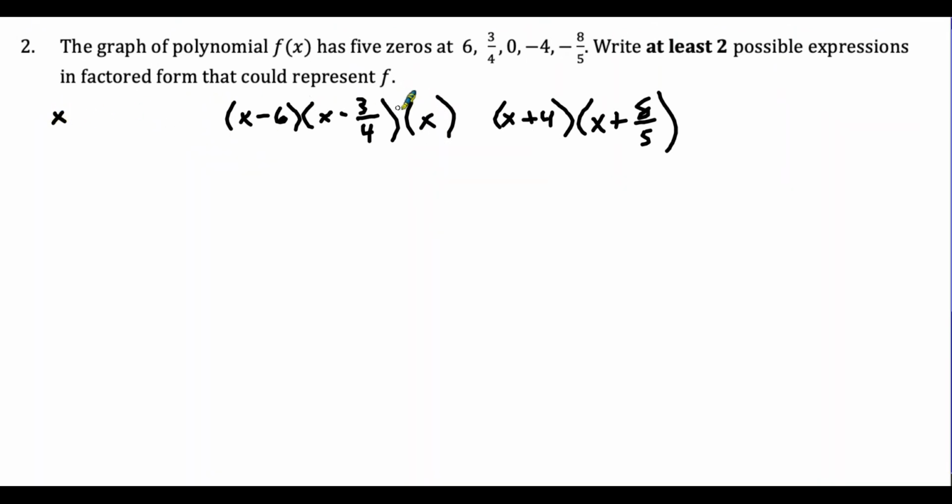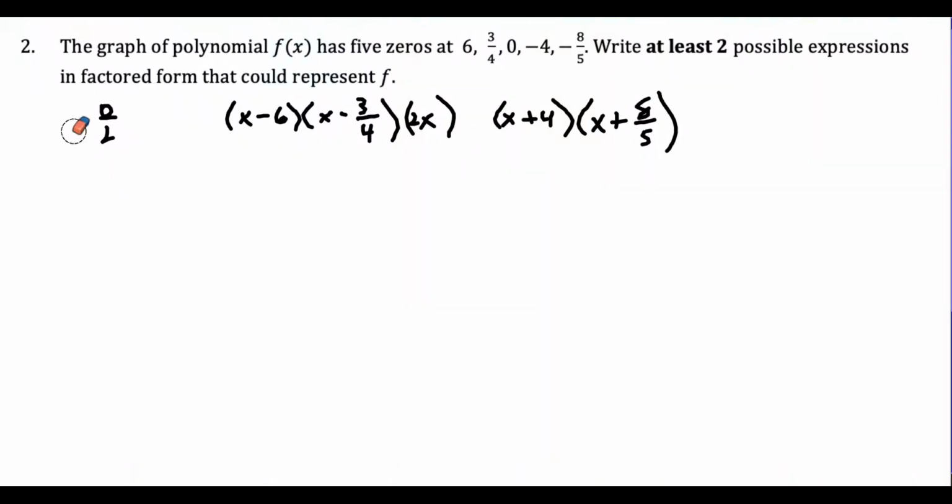So if the factor is by itself just x and I set that equal to 0, I already have my answer of 0, or my x-intercept of 0. Let's say I made this like 2x instead. Well, if I set 2x equal to 0, to get x by itself here, I would have to divide by 2, and 0 divided by 2 is still 0. So this would still yield an x-intercept of 0.